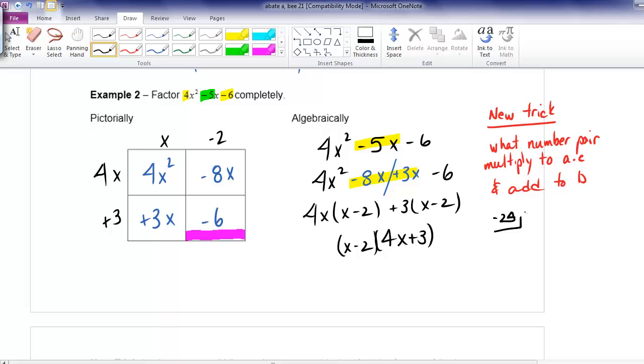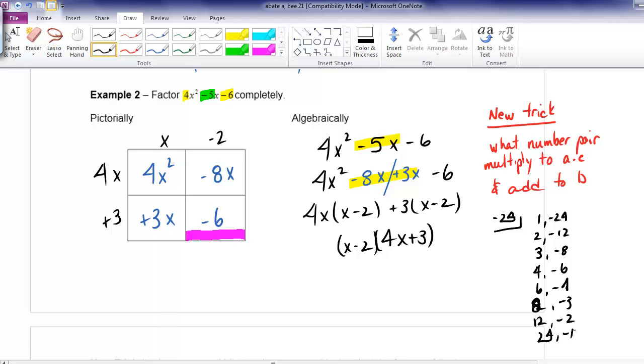I want to know which factor pair of -24, well, what are they? They're -1 and 24, 2 and -12, 3 and -8, 4 and -6, 6 and -4. I'll keep writing them. 8 and -3, 12 and -2, and 24 and -1.